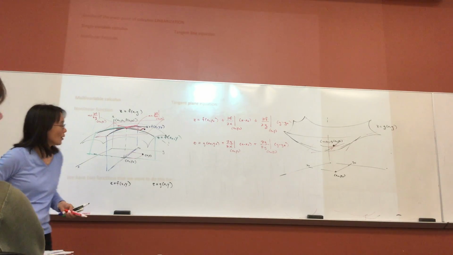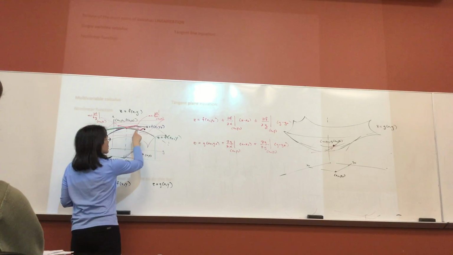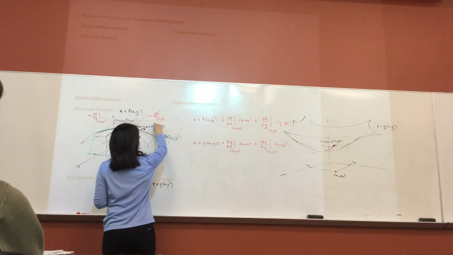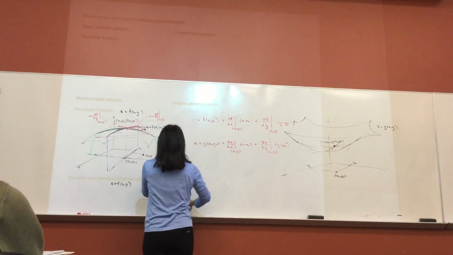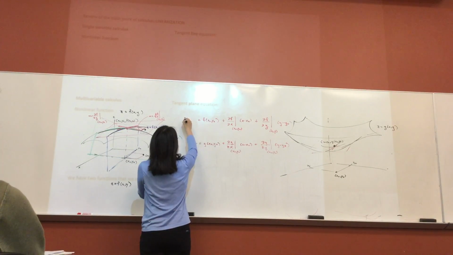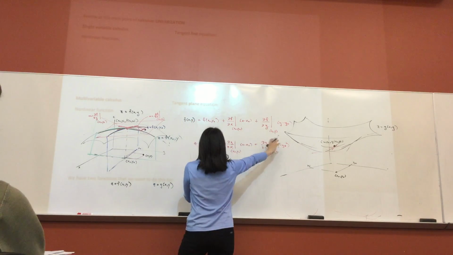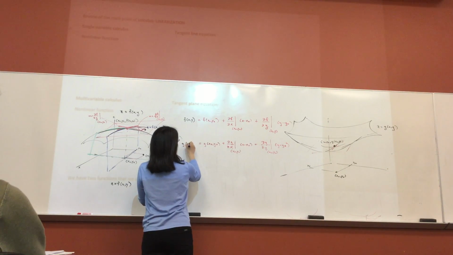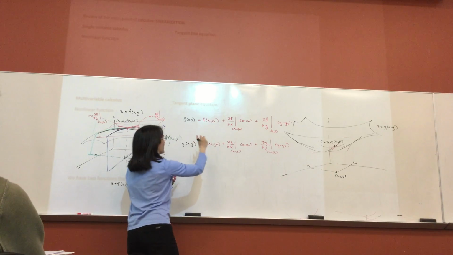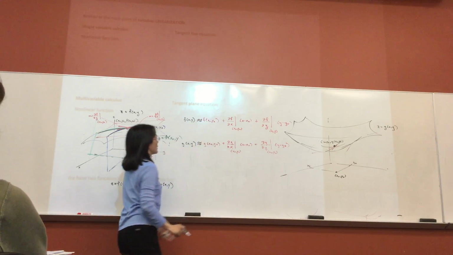So what we're doing now is, the red describes the plane. We're going to approximate the original f of x, y by the plane. We're going to approximate the original g of x, y by the tangent plane.